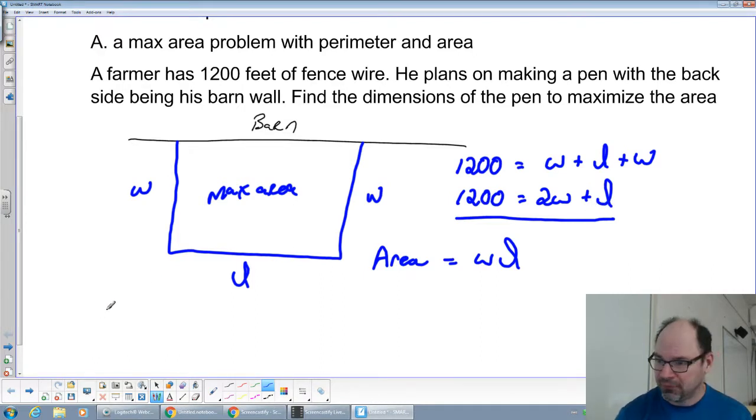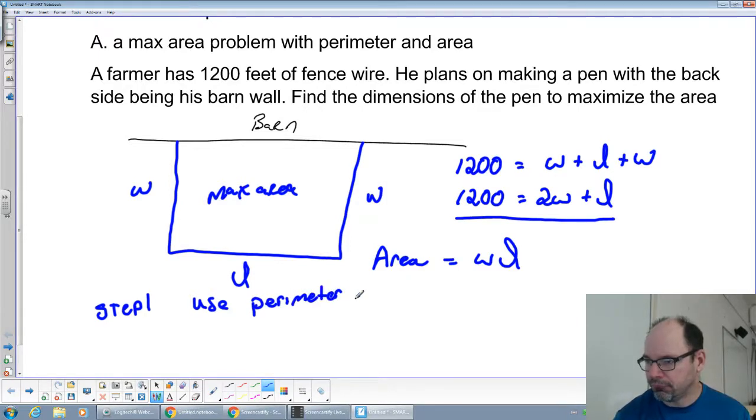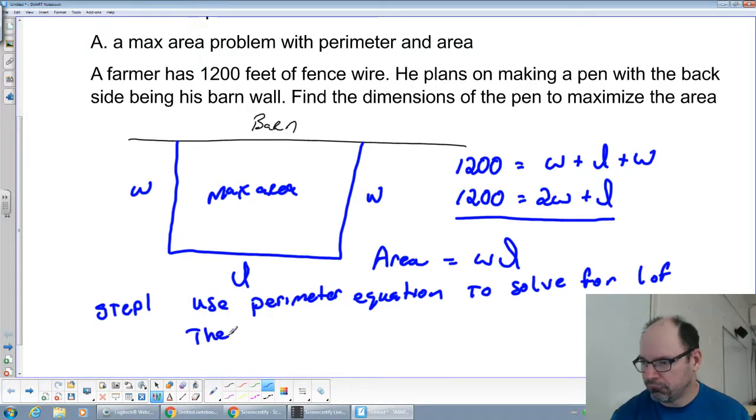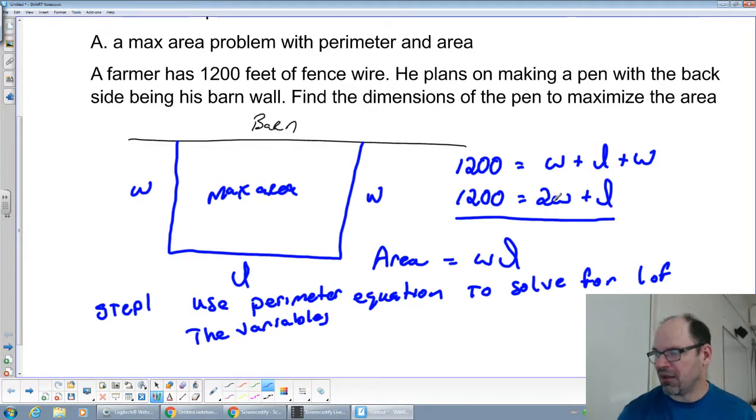So first step is to use one equation, the perimeter equation, to solve for one of the variables, W or L. Okay, so we've got W and L in there.